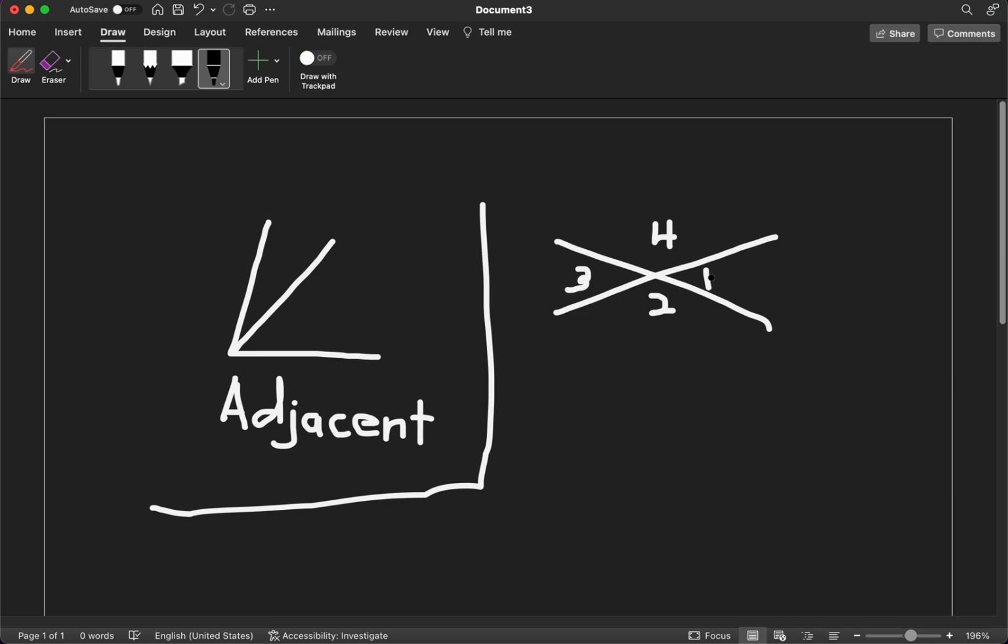So if I have 1 and 3, those two are called vertical angles. You'll also see that 4 and 2 are vertical angles. Here is how you spell vertical.